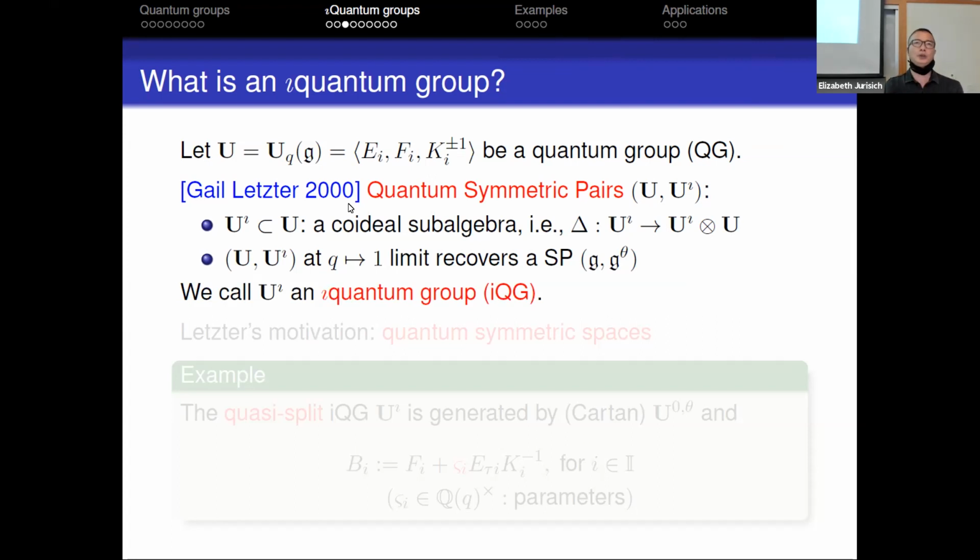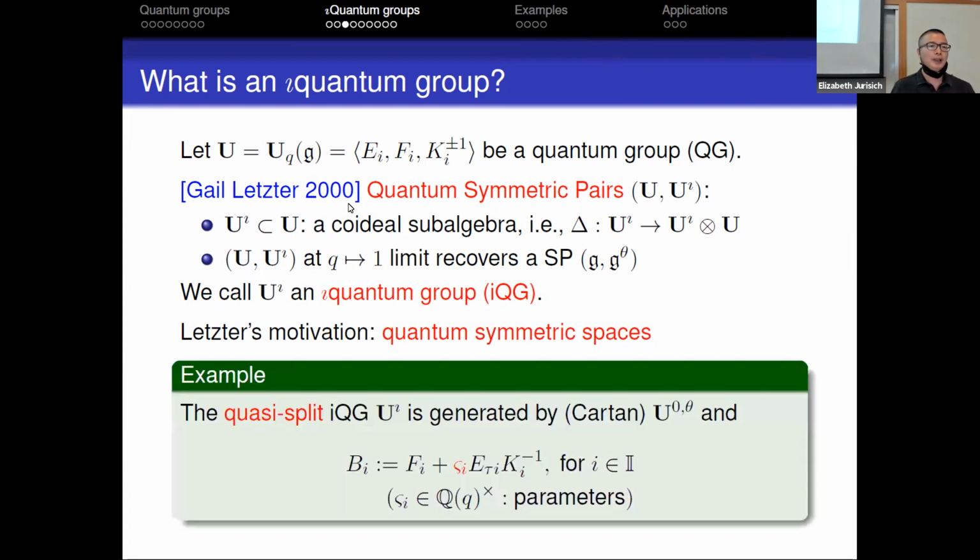This is a quantum algebra, and the first definition is a subalgebra of the quantum group. Letzter's motivation is very different from what we are getting into nowadays. He comes from harmonic analysis of quantum symmetric spaces.